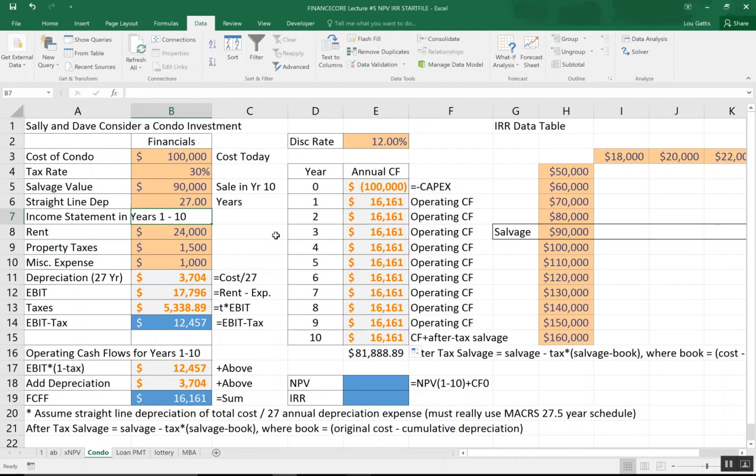Now, what's the net book value of the condo after 10 years? It's going to be $100,000 minus the accumulated depreciation, $100,000 minus 10 of these payments. And here I have the calculation. Here's the after-tax cash flow. It is B5, $90,000. I'm sorry.